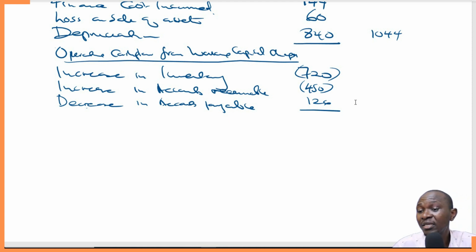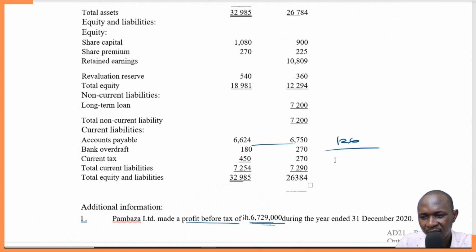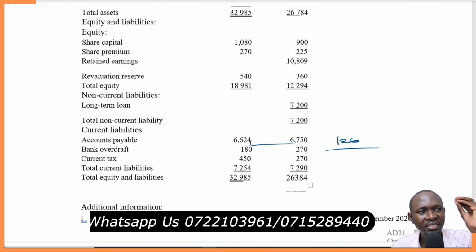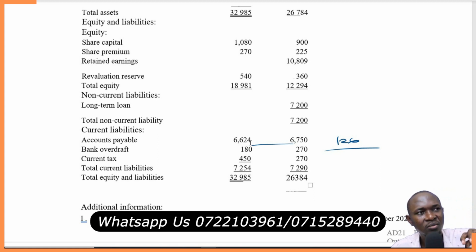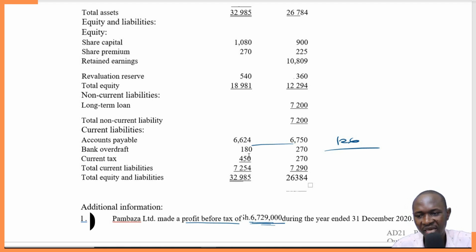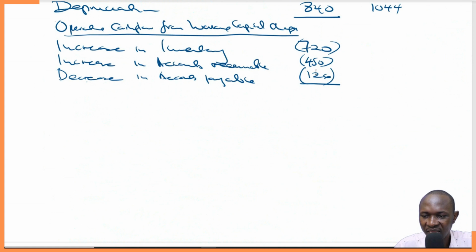A decrease in accounts payable is an outflow. We started with 6750, but then we paid them quite a lot of money this year, in excess by 126. It's like a loan which we have repaid. So we will put that in brackets to signify that money left the organization.